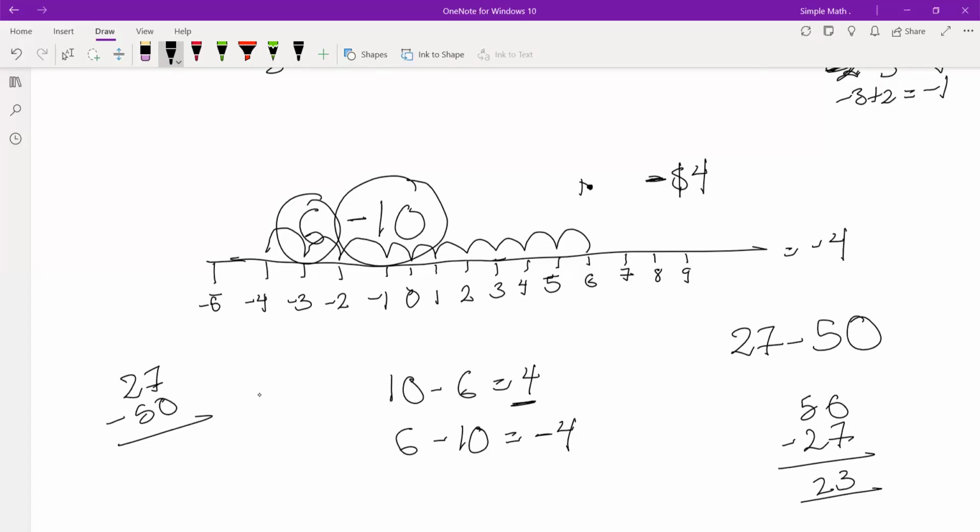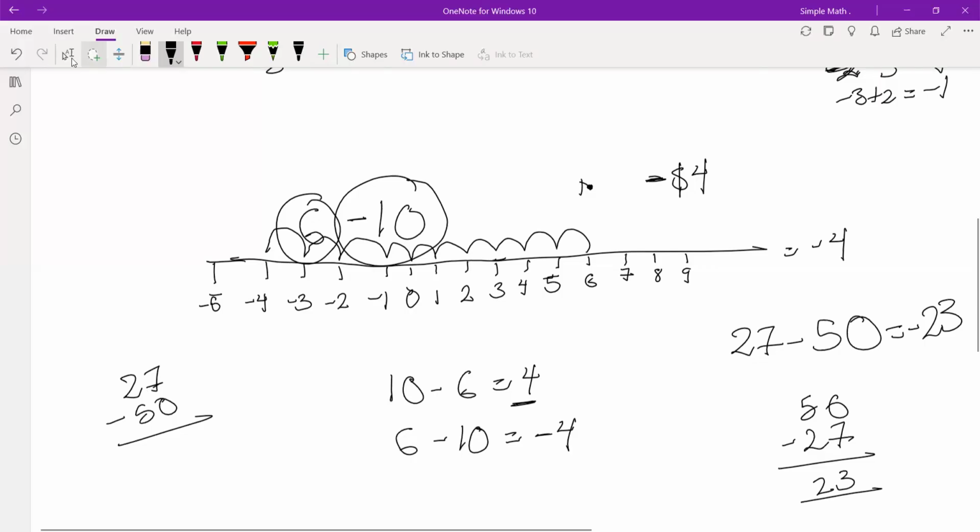So if 50 minus 27 is 23, then 27 minus 50, the smaller number minus the bigger number, will be minus 23. Once you get this idea of doing negative numbers this way, it's going to be very easy.